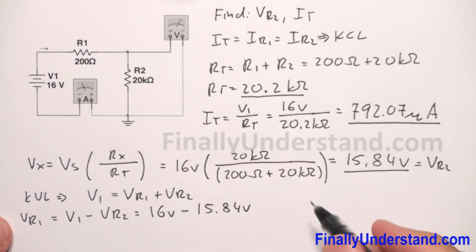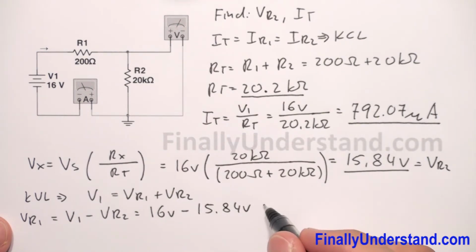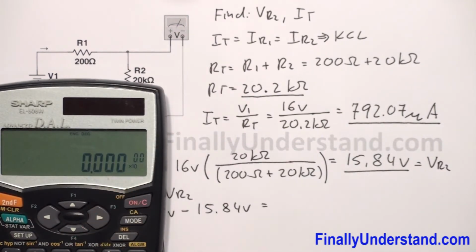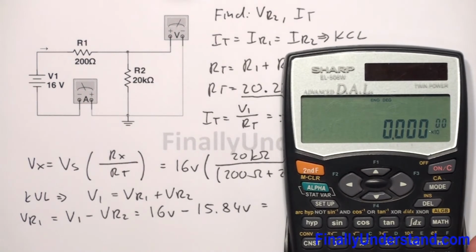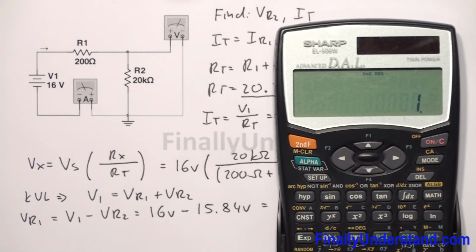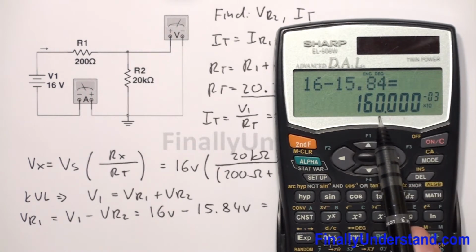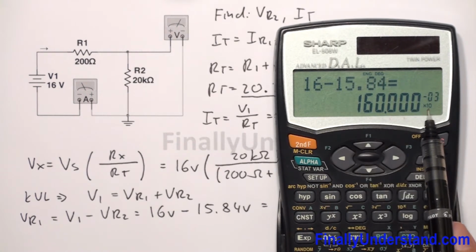VR2 is equal to 15.84 volts, so let's practice the calculator. I have 16 minus 15.84. This is a very simple calculation. This is 160 millivolts, times 10 to the negative 3.